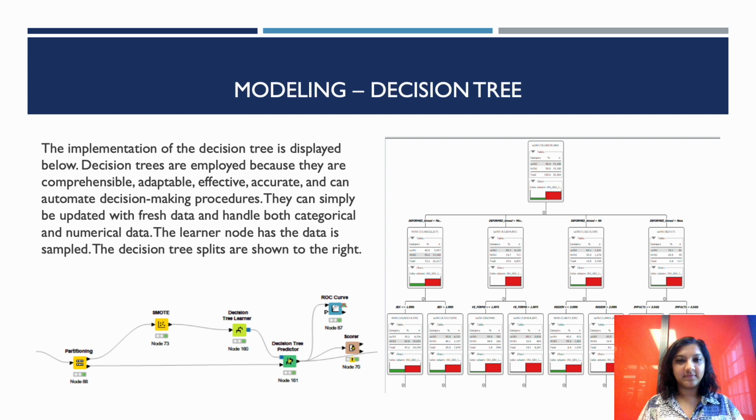We have sampled the data and used SMOTE node as it helps to oversample the minority class and provides balanced sampling. To the right, you can see 3 layers of decision tree split. Accuracy for this model is 75.7%.